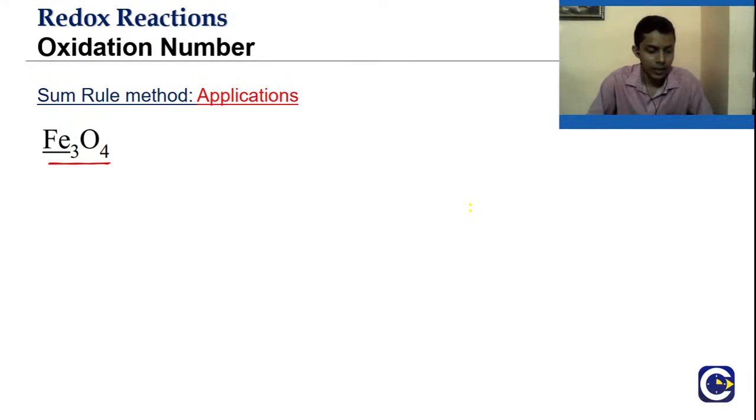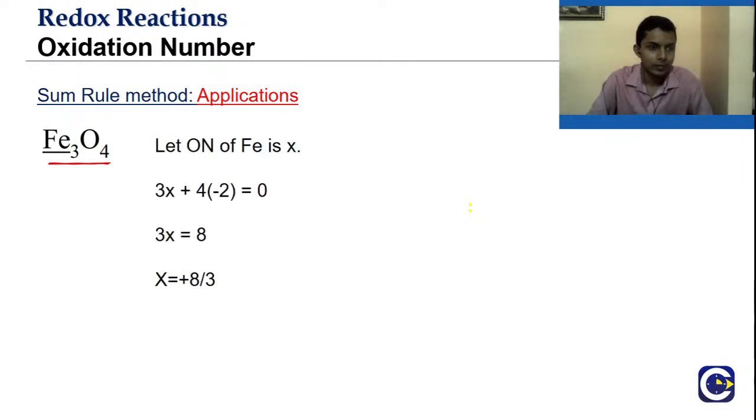Once you find out the answer, you will get to know something new. Which is the unknown? Iron is unknown. Oxygen, oxide, will be -2 only. If I solve it, I'll get x to be equal to 8 by 3. Isn't it?